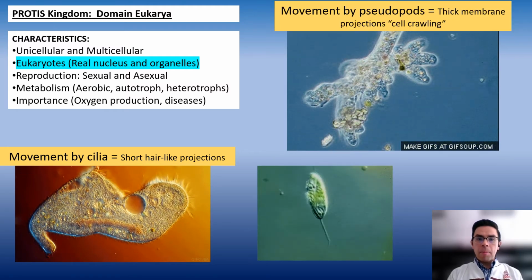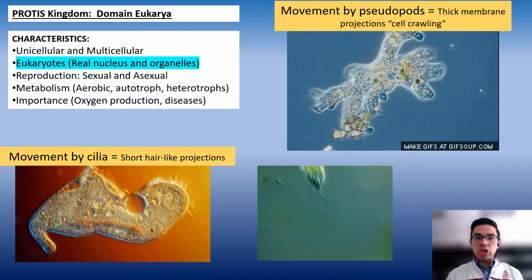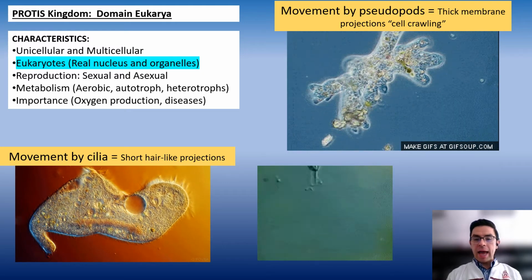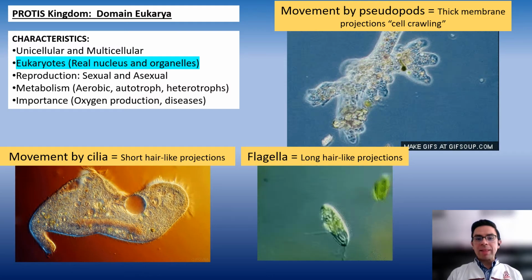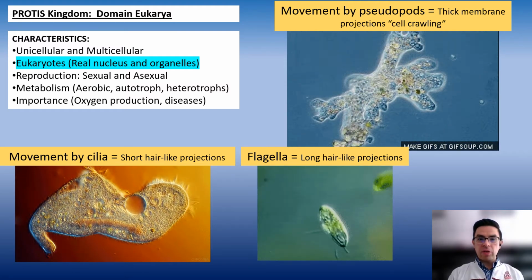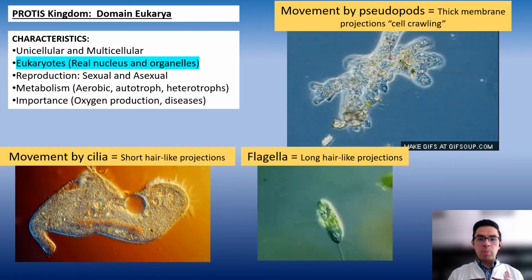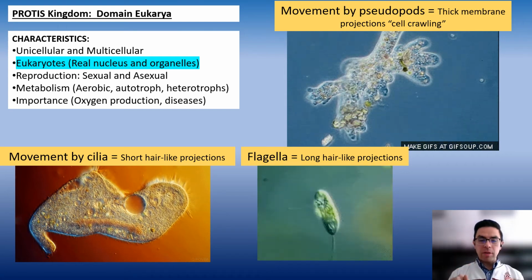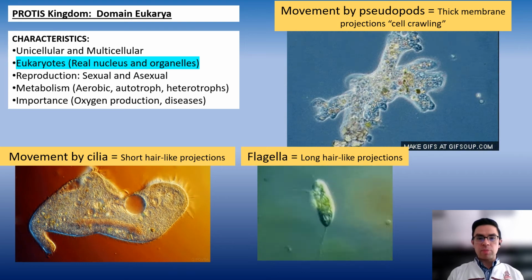Others will move by pseudopods, which are membrane projections that resemble the cell crawling, like amoeba, for example. And others have long whip-like projections of the membrane called flagella. These are considered free-living protists or the animal-like protists that look like animals, microscopic animals, but remember they belong to their own group, which is protist kingdom.